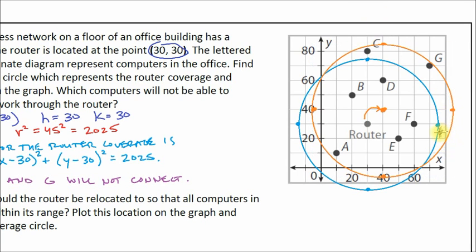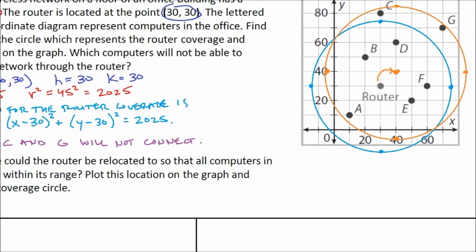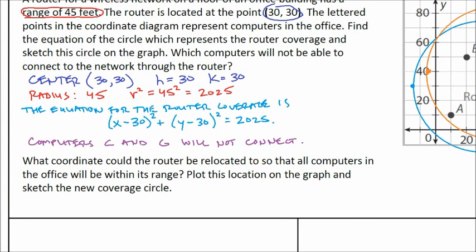And now it looks like I've been able to move the router to where all of my computers are within the range. So for my question, it's asking what coordinates could the router be relocated to? And we can go ahead and write that. The router could be relocated to, and why don't you go ahead and just write that coordinate in.